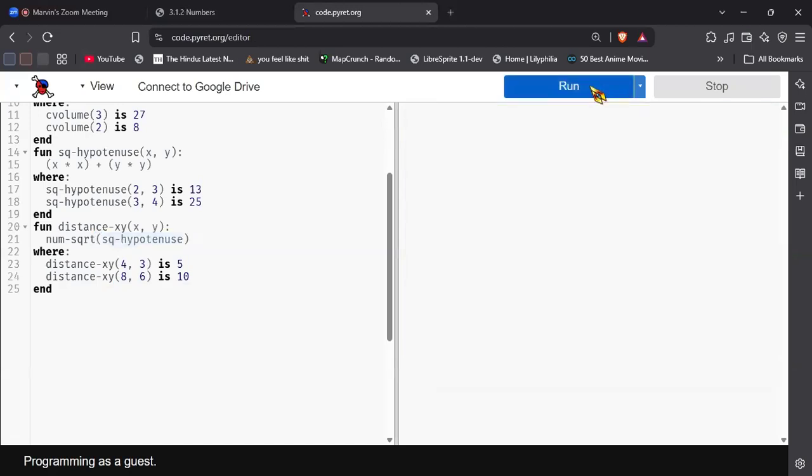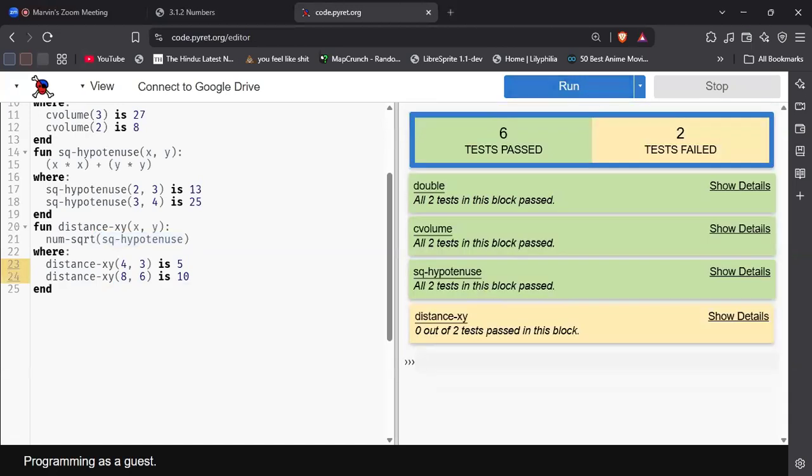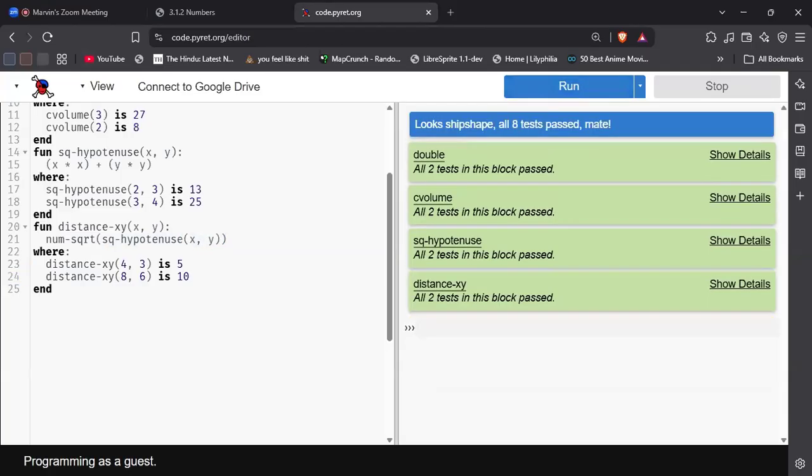Well, you have to call it, right? It's a function. I have to call it. Yeah. Very nice.